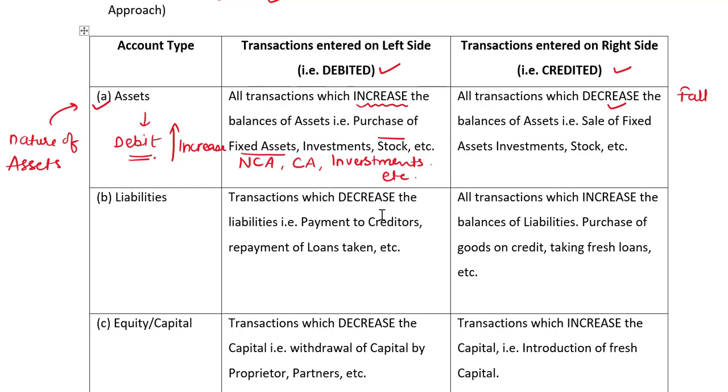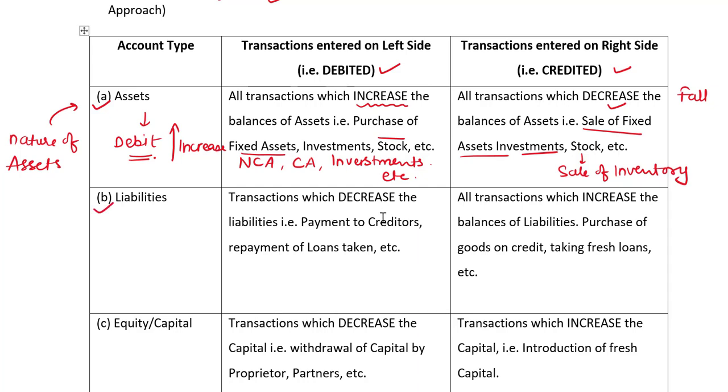Supposing, I'll quote an example over here: there is a sale of fixed assets, or a sale of investments, or a sale of inventory. In these cases, basically, the assets need to be credited. I believe it is clear to all of you. Shall we move ahead?